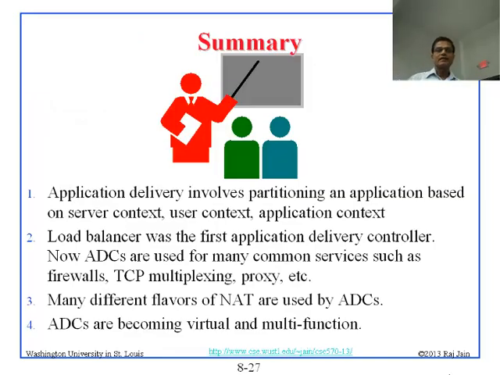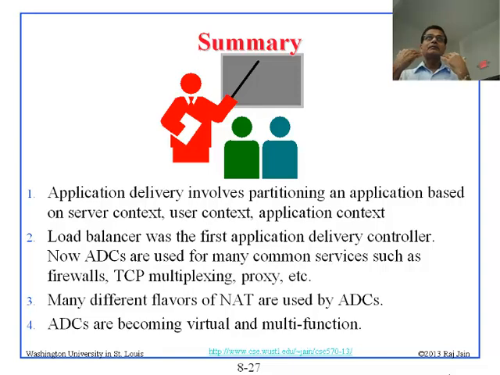All right. That brings us to the end of this part, and the 4 key points. First, the application delivery is complex. Inside the data center, the application delivery requires replication and partitioning.